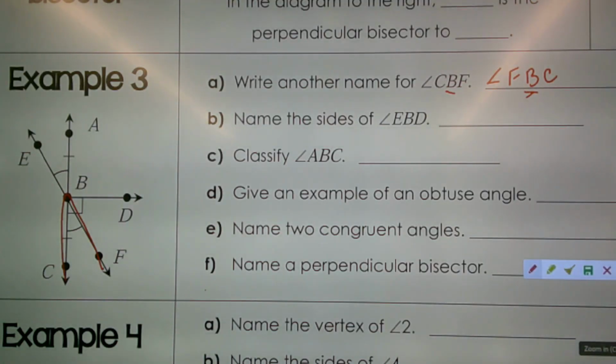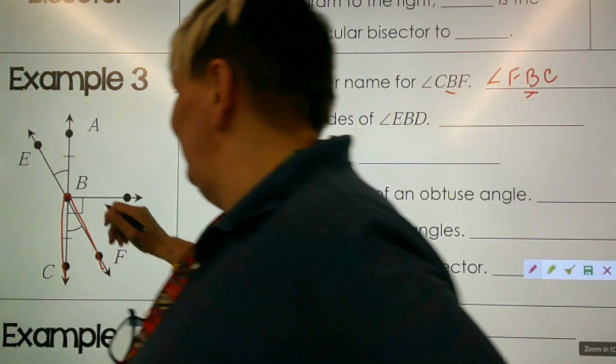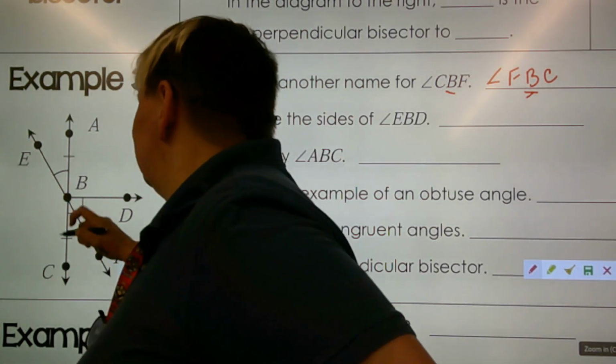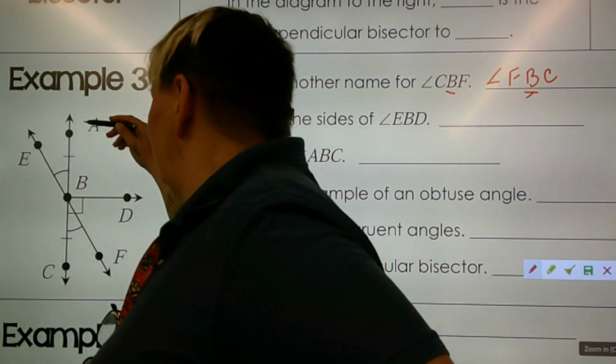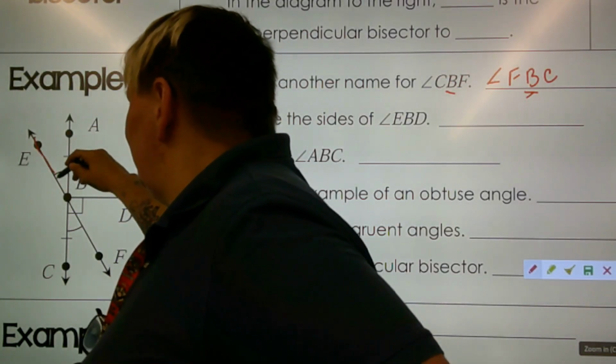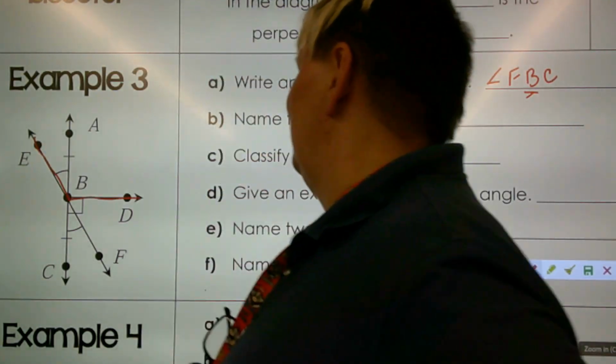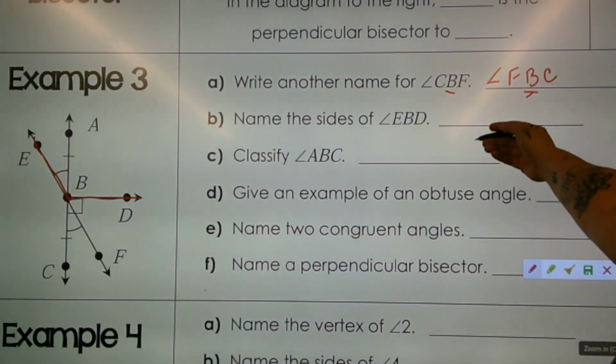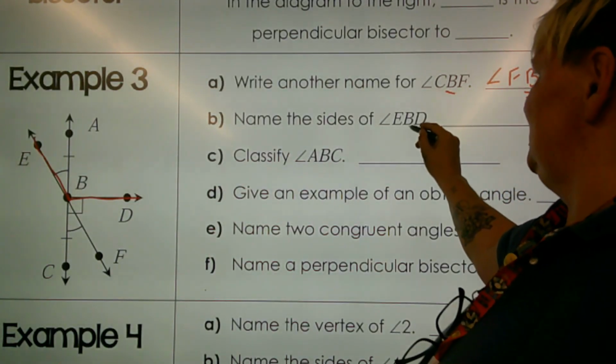Name the sides of EBD. First of all, we need to figure out what EBD is. Then it says name the sides. You already know what the sides are. It's this one and this one.